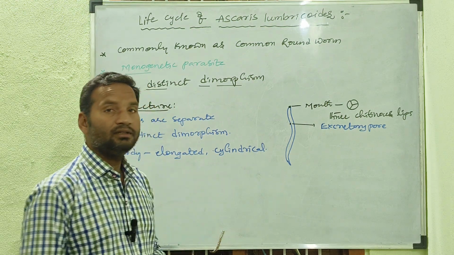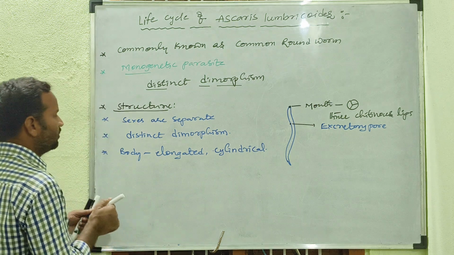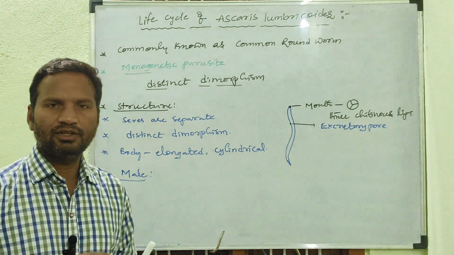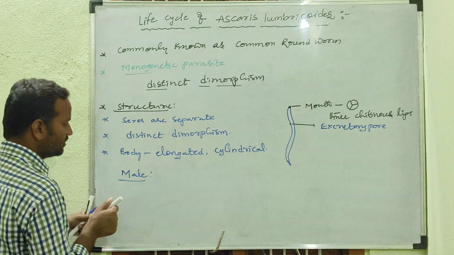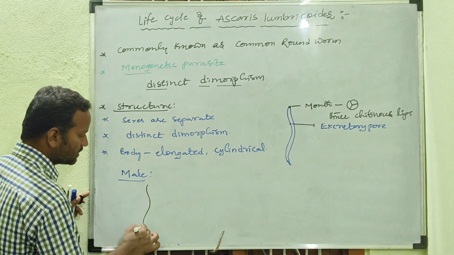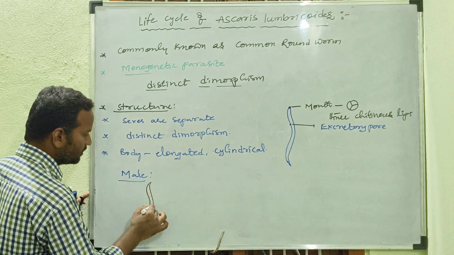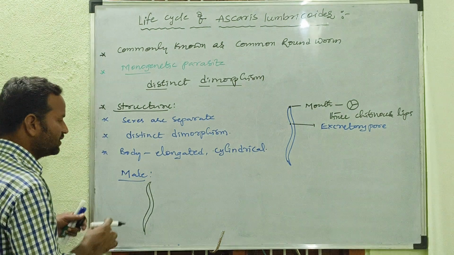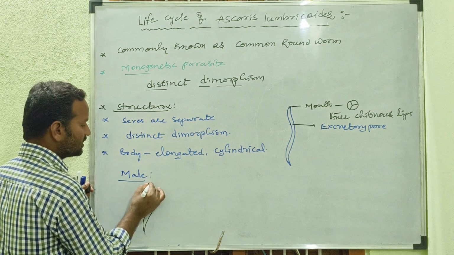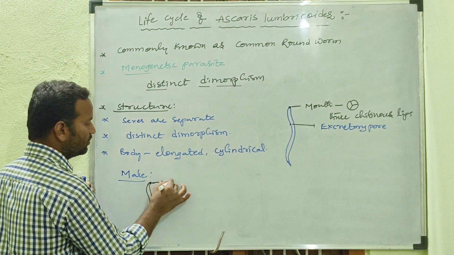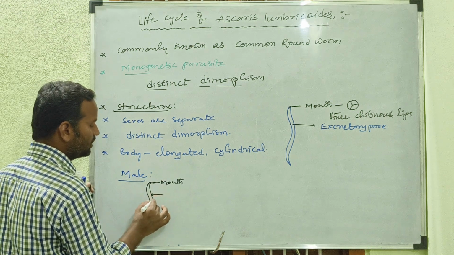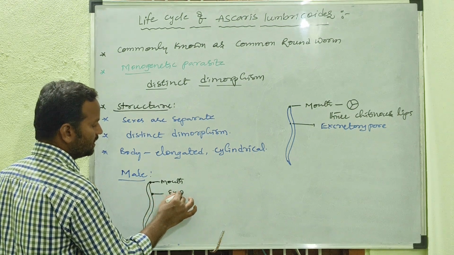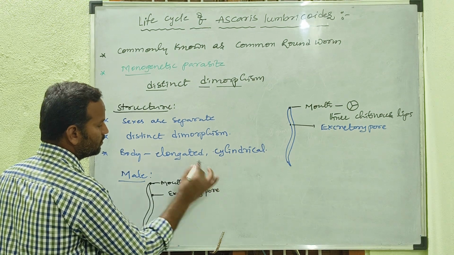The next one is in the males especially. Let us discuss the separate structures. When you observe the male organism, this is the structure of the male. Same as I already told, the extreme anterior end possesses the mouth, and near the mouth on the mid-ventral surface of the body is a small aperture called the excretory pore.